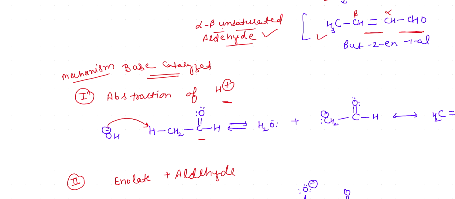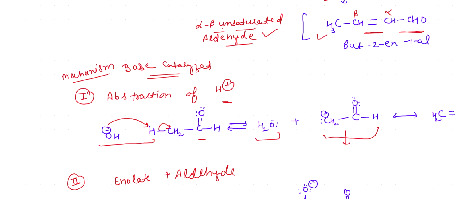So when this OH negative abstracts H positive from here, what happens? These electrons will be shifted toward this CH2, thus forming water, and a molecule is generated in which this CH2 carries a negative charge.